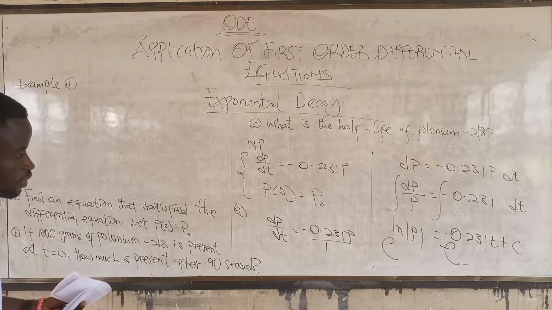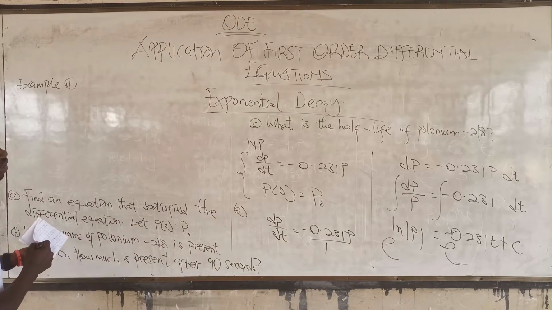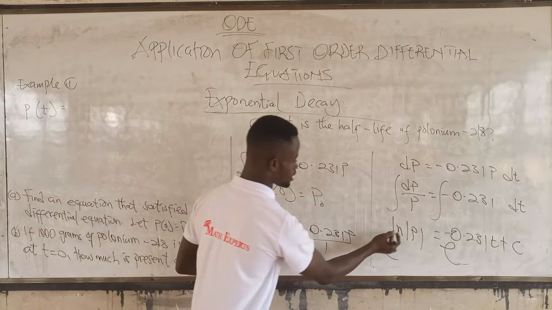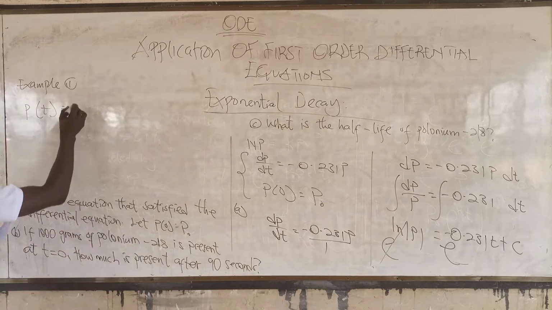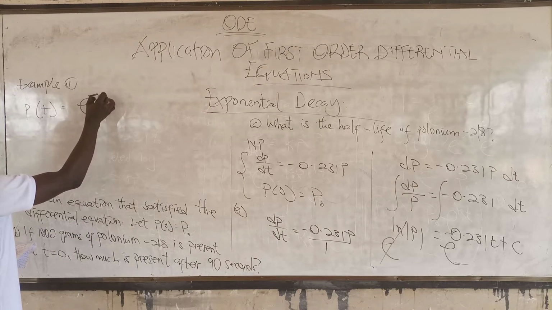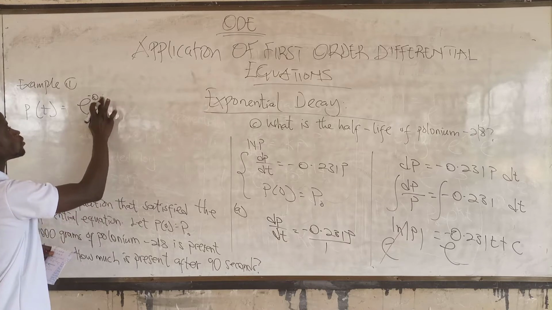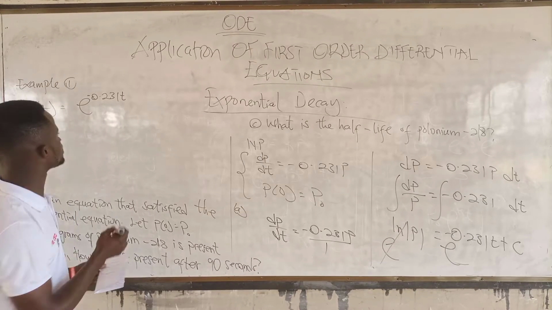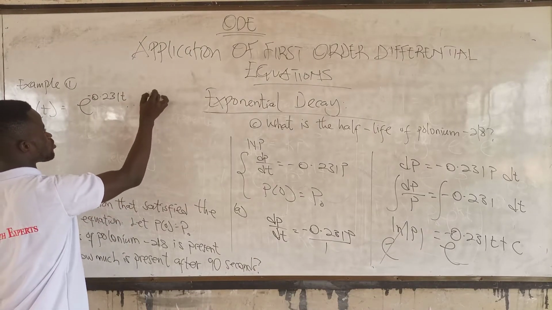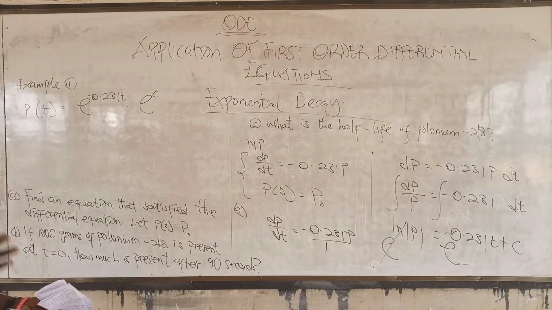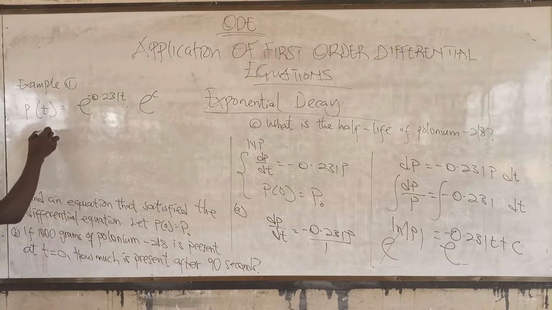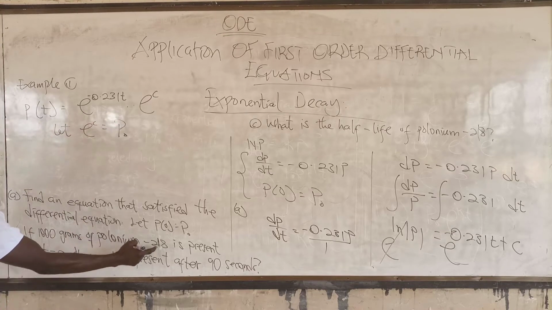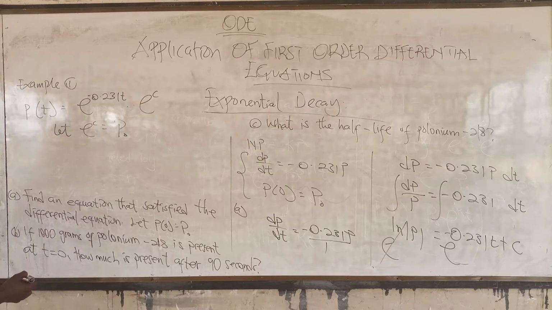Very good. So where have we reached? Now we get P of t equal to e raised to negative 0.231 t, times e raised to c, because the ln will cancel out. Then we can let e raised to c be equal to P naught, which was even stated in the question.